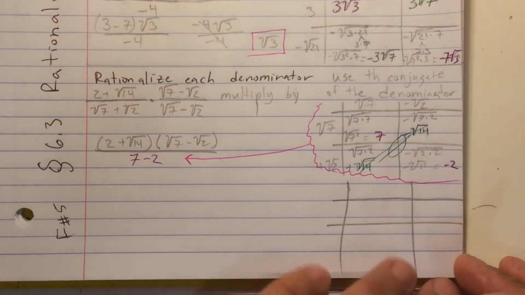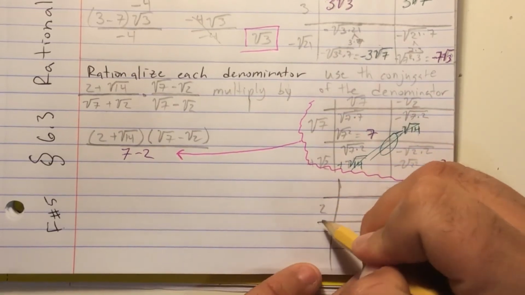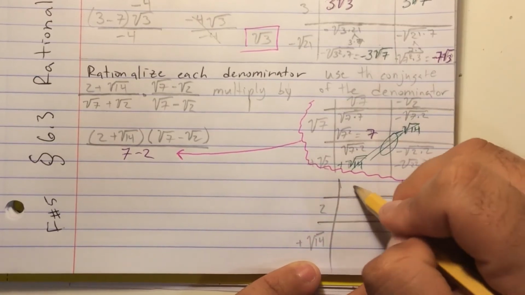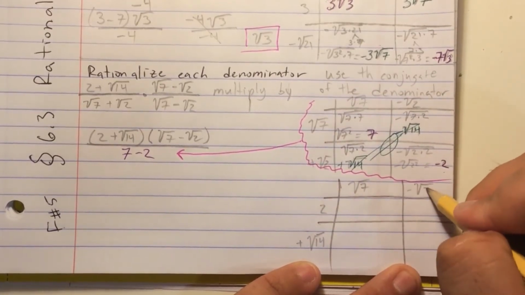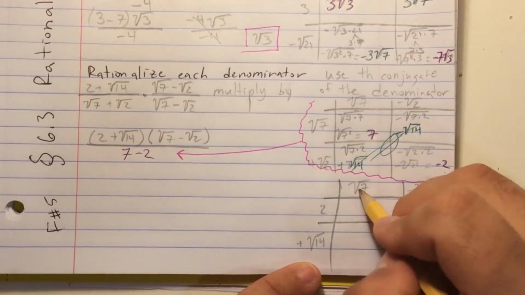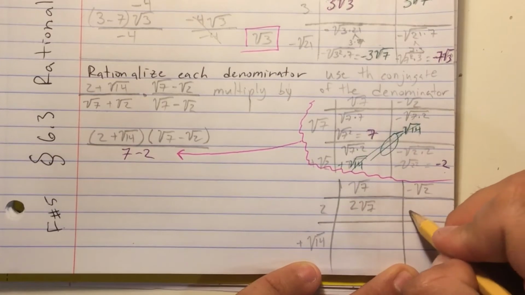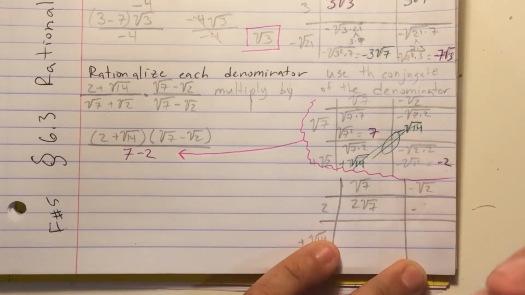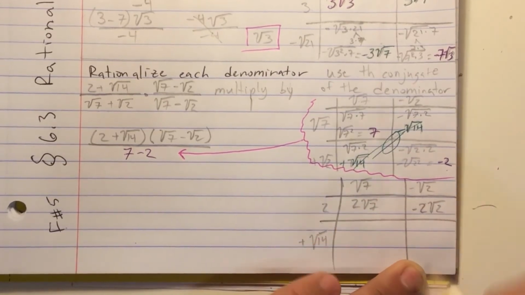Alright, so we have our 2 and our radical 14 positive, and we have our radical 7 and our negative radical 2. So these multiplied together would be 2 radical 7. These multiplied together would be negative, forgot the 2, negative 2 radical 2.